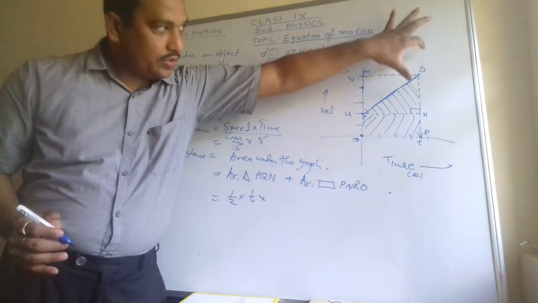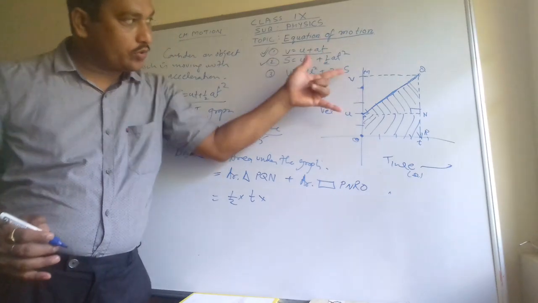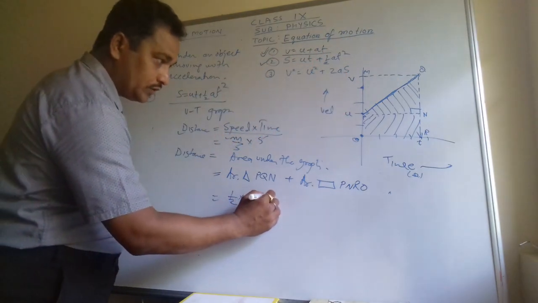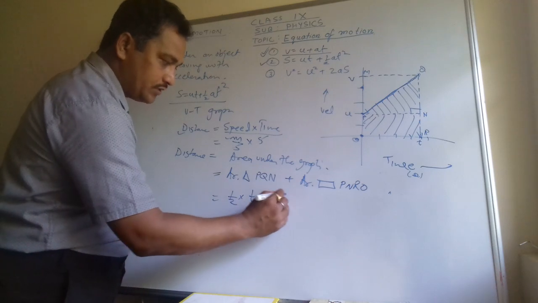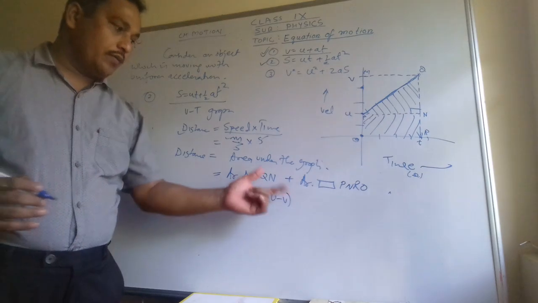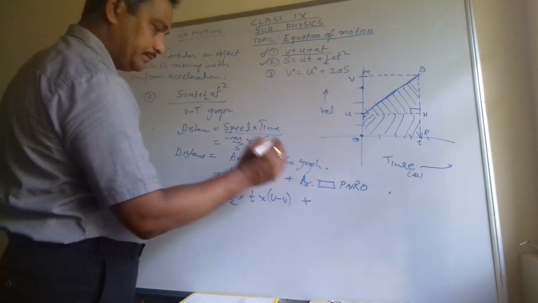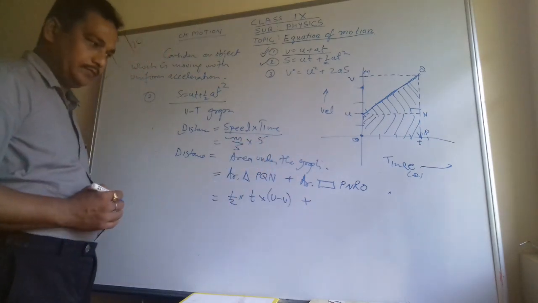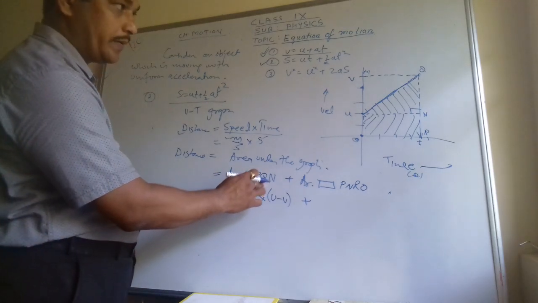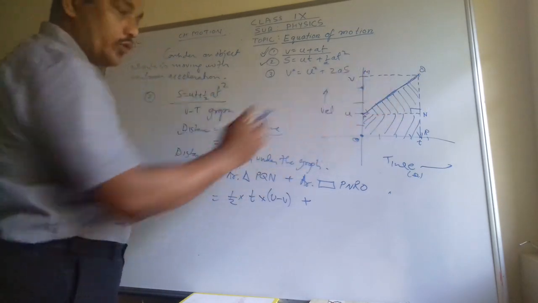Height is what? This distance QN, and QN is equal to what? V minus U. So this will be V minus U. Perpendicular QL we are putting here.